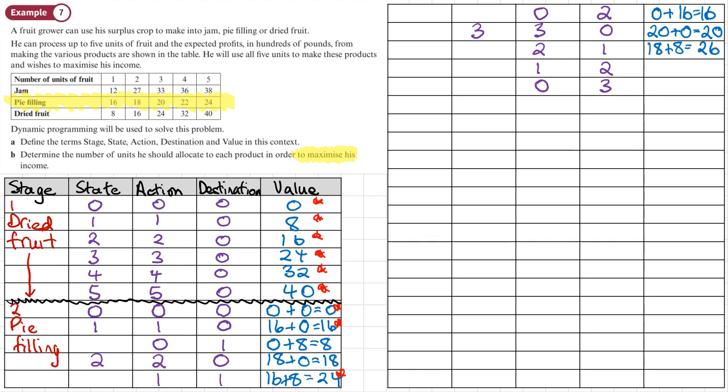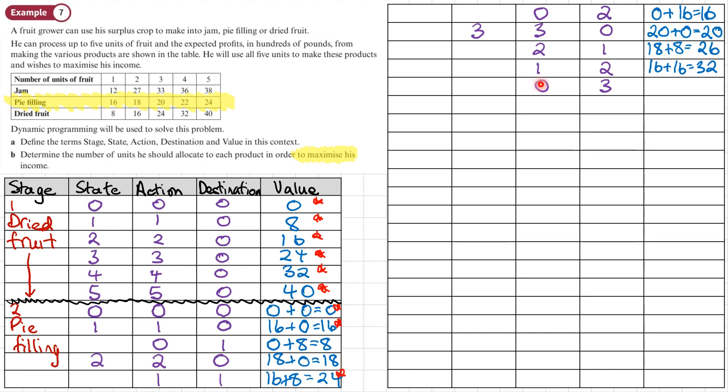I could use up 1 unit in this stage, which would be 16. So it's going to be 16 plus, and then 2 to pass on to the next stage. That will be 16. So 16 plus 16 is 32. High so far. Let's keep going.